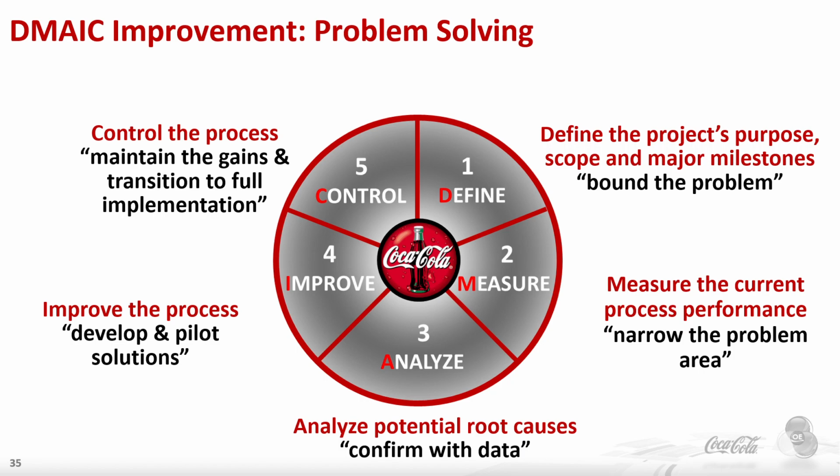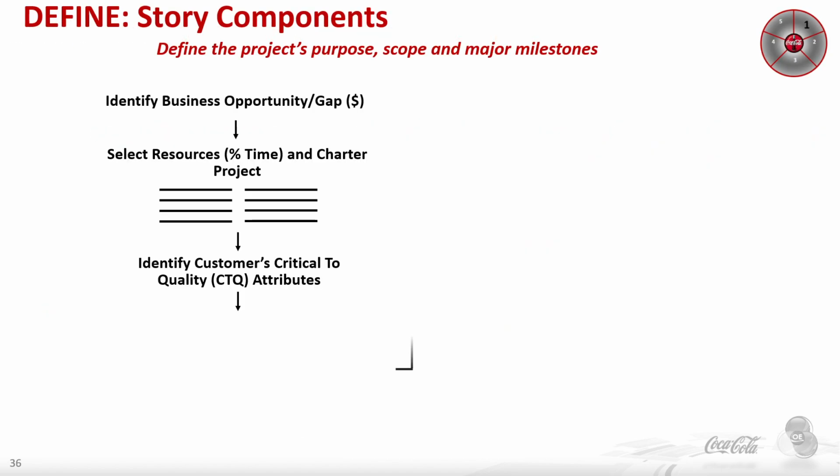Let's start with the first step, that is define. What is actually define? In define phase the basic story components must be there. We have to define the project's purpose, its scope, and major milestones. For example, first of all, we have to identify the business opportunity or the gaps in any business process.